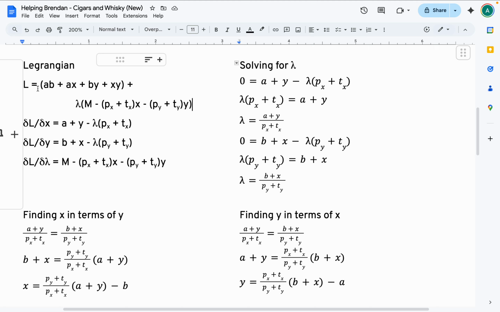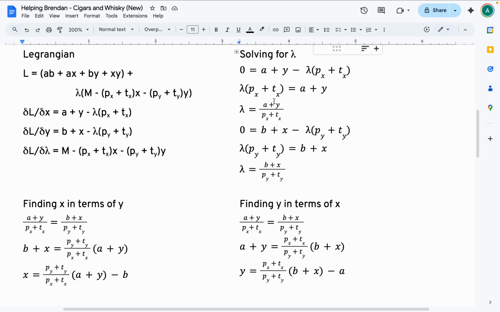And then we take the partial derivatives with respect to the number of whiskey shots he buys, the number of cigars he buys, and also lambda, which is in front of the constraint. And then we set the partial derivatives of all three of these equal to 0.